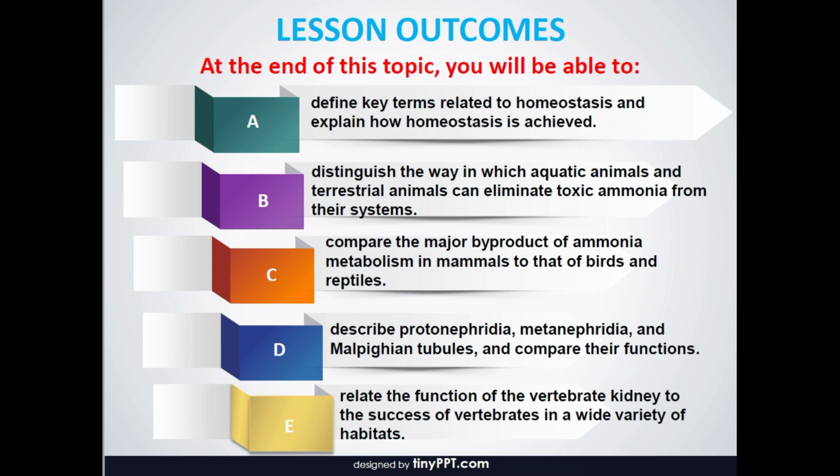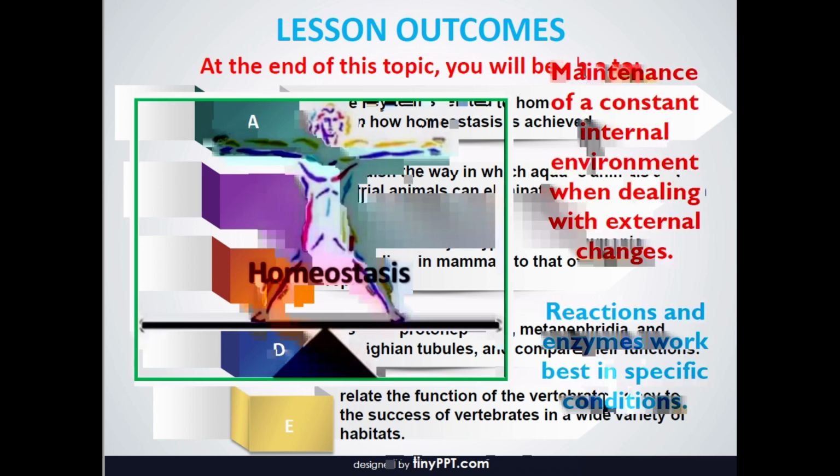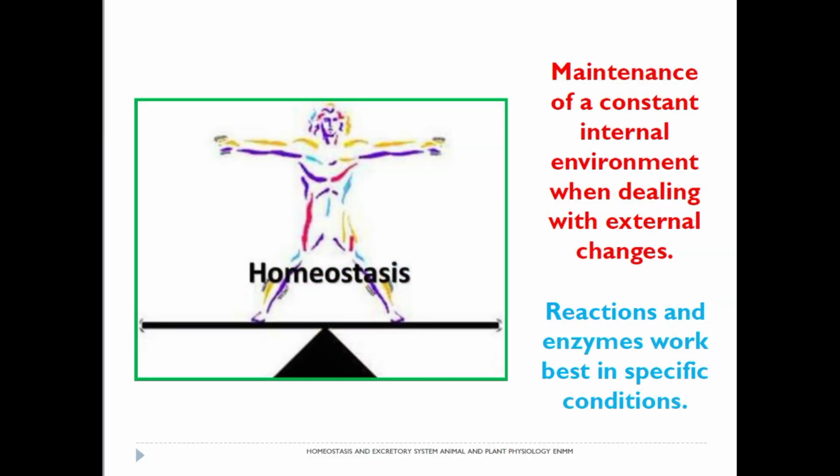For homeostasis, the first thing is you have to understand the definition. What is homeostasis? Homeostasis refers to balancing the internal environment of our system, involving multiple organs, the circulatory system, blood flow, the nervous system, and so on, including hormones and enzymes.